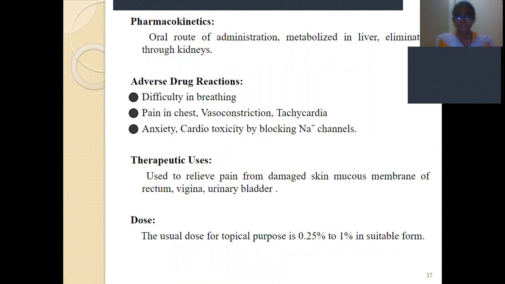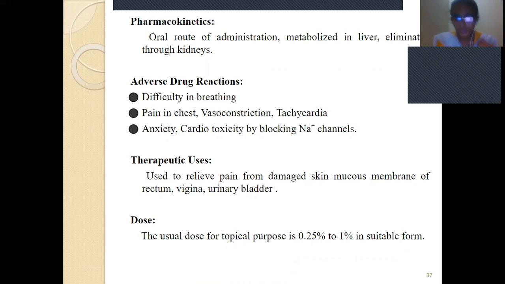Pharmacokinetics: it is given by the oral route of administration, metabolized in the liver, and eliminated through the kidneys. Adverse drug reactions are difficulty in breathing, pain in the chest, tachycardia, raised blood pressure, vasoconstriction, anxiety, and also blocking of the sodium channels, causing cardiotoxicity.